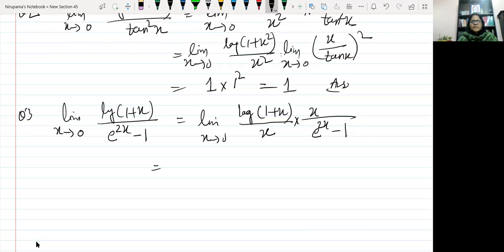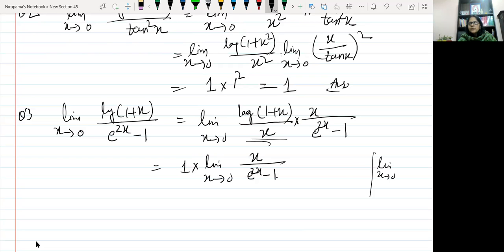So limit x approaches 0, log(1 plus x) by x, that is 1, into limit x approaches 0, here it is x by e to the power 2x minus 1. And we have limit x approaches 0, e to the power x minus 1 by x equal to 1. So its reciprocal will also be 1.